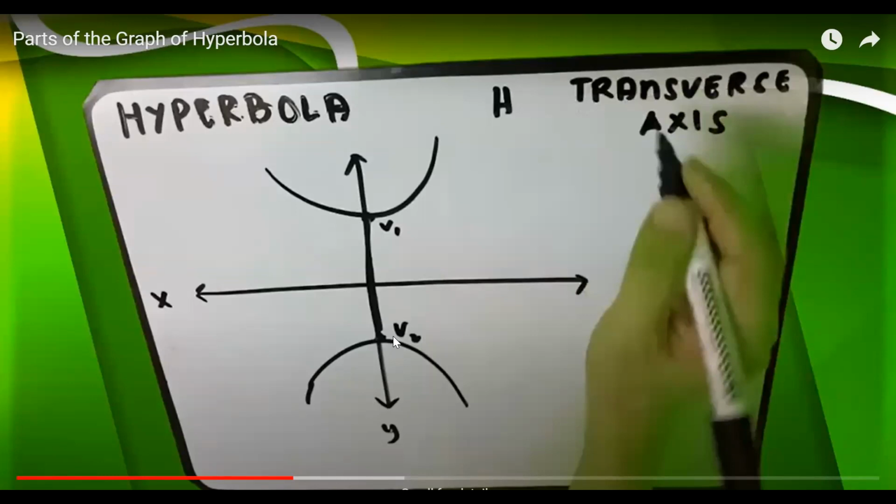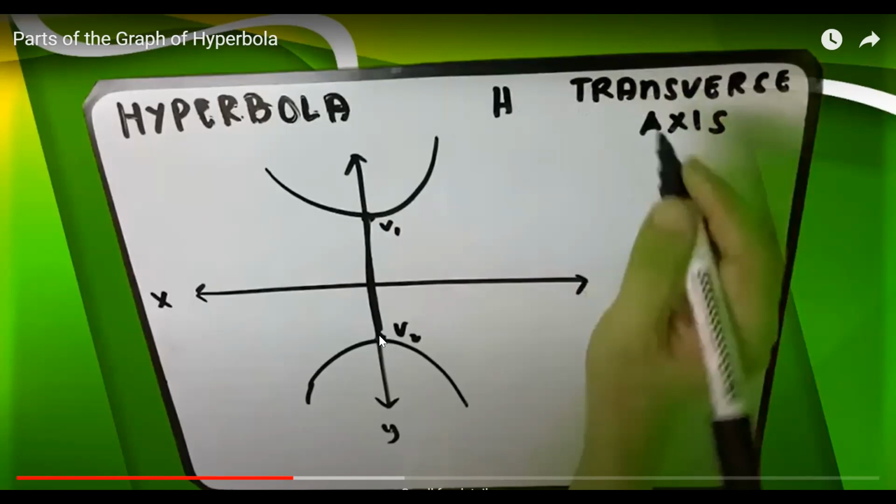Or kahit hindi siya mag-lie doon sa y-axis, as long as it is parallel to y-axis, that is still a vertical transverse axis. So dito sa video, that is one of the corrections. So ngayon, from vertex 1 to vertex 2, naka-form tayo ng straight vertical line. Kaya tinatawag na vertical transverse axis.